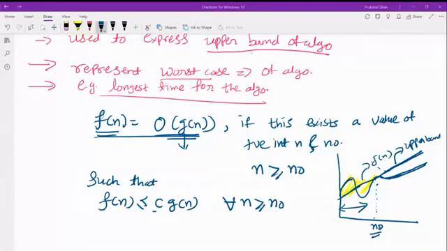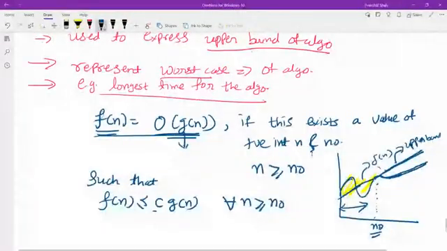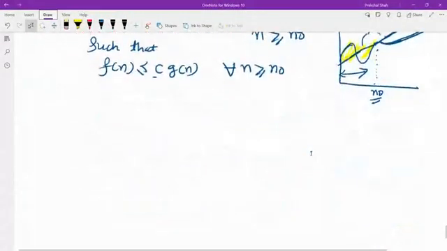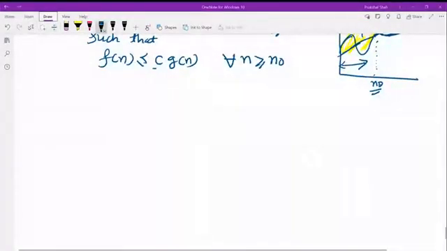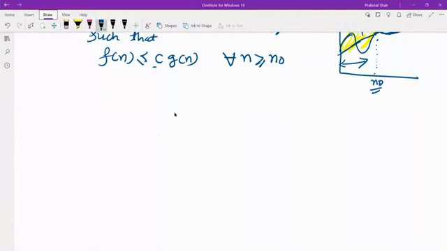Nilanjan, did you get what an upper bound is? Or you want me to explain in a little bit more detail? Okay. So what do you mean by upper bound? Let's say this is my array.